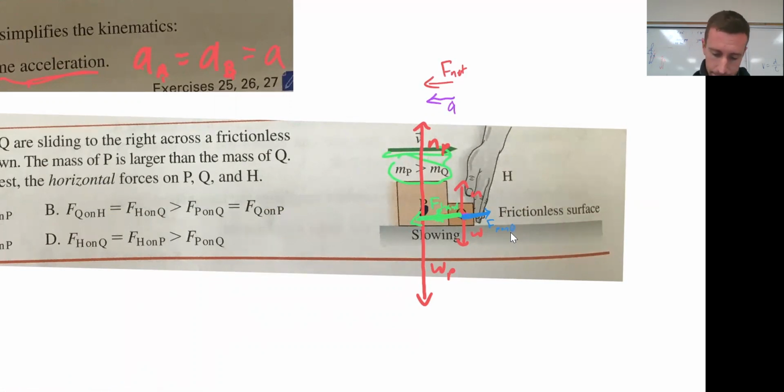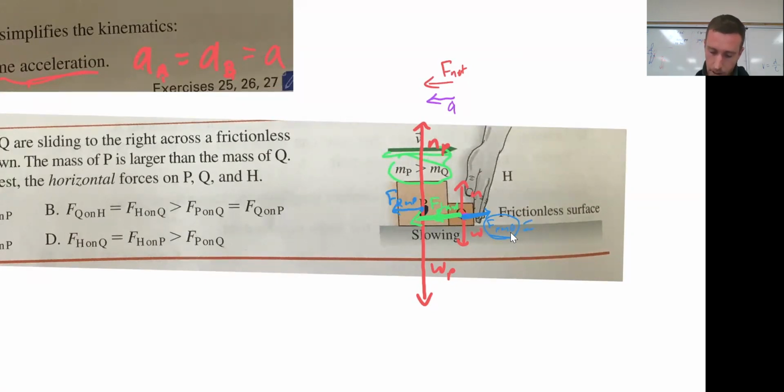On P, the hand does not touch P, so there is no force of the hand on P. What I do have is the force of Q on P. And I know that has to be the same as the force of P on Q. So Q on P and P on Q are equal, right?